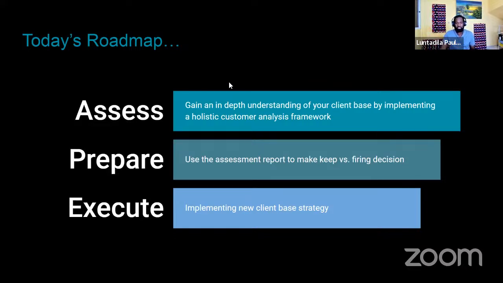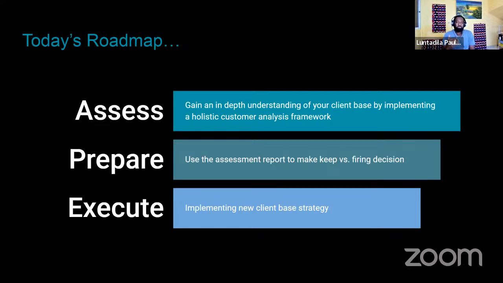After we do our assessment, we'll move into prepare, where we will use the assessment report to drive our keep versus fire decision for certain clients. And then lastly, we will move into the implementation of the new client-based strategy. We'll look into what the ideal client is that we want to maintain in our firm, in our agency, in our business.